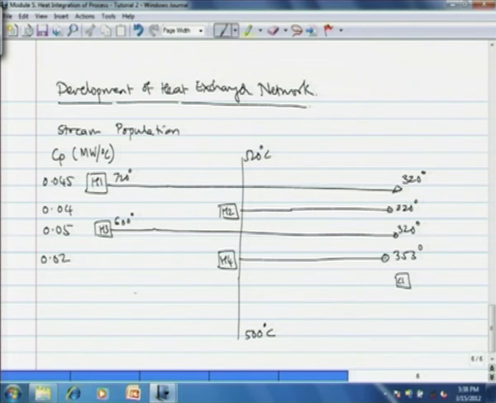Then C1 goes from 300 degrees centigrade to 900. It has a Cp of 0.043. C2 goes from 200 to 550.